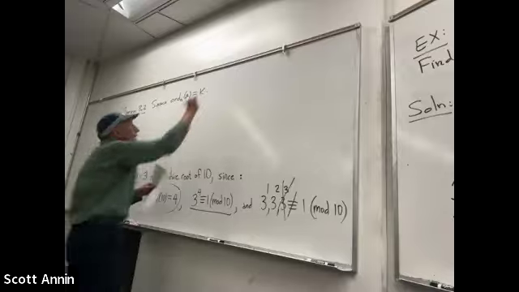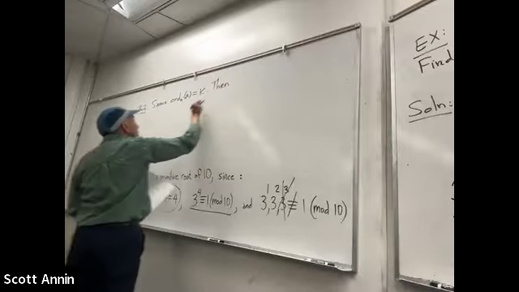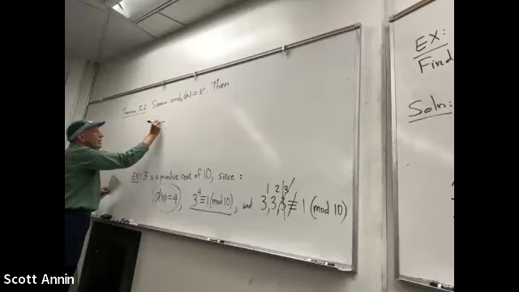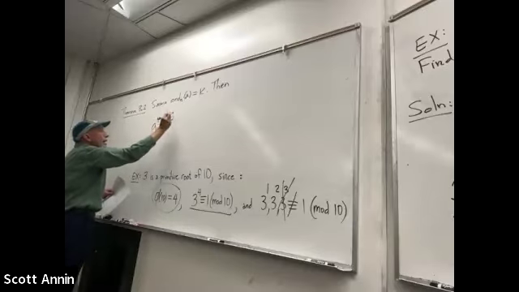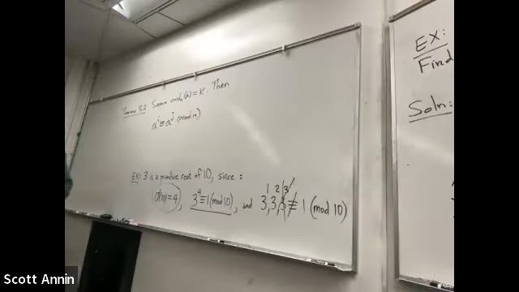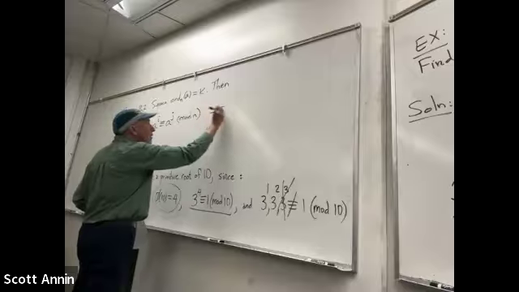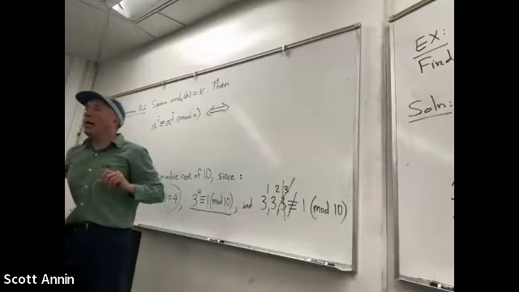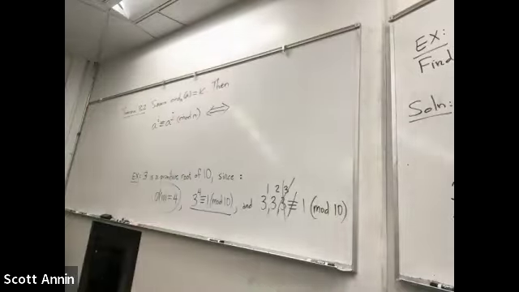And what this is going to say is then a to the power of i is congruent to a to the power of j mod n. So when are two powers of a basically the same in mod n? So you look at this clock idea, right?